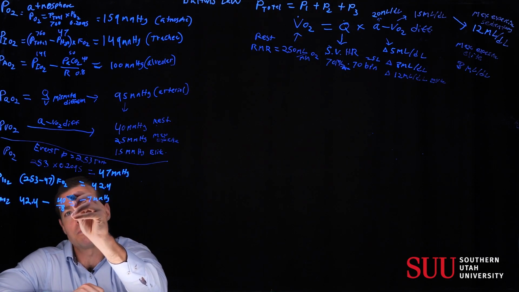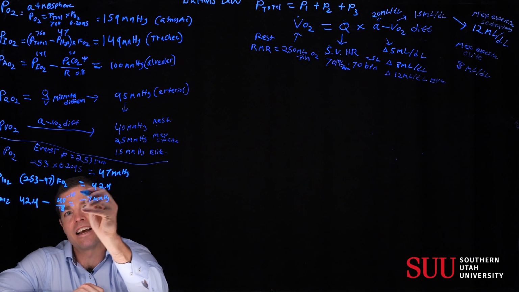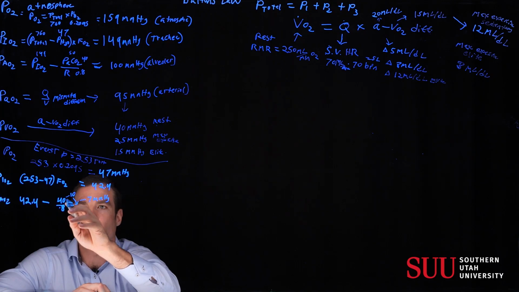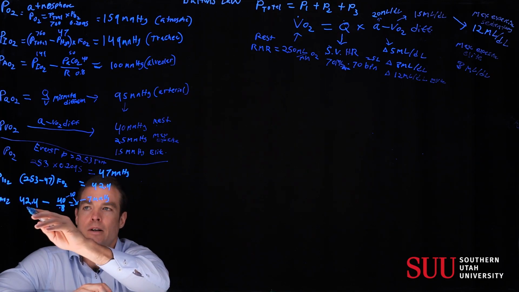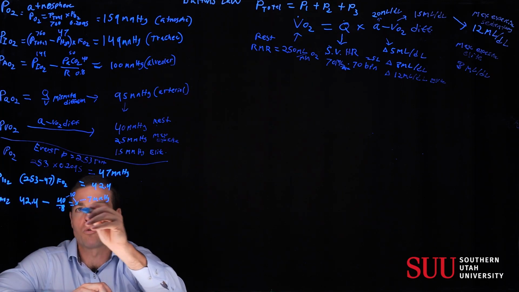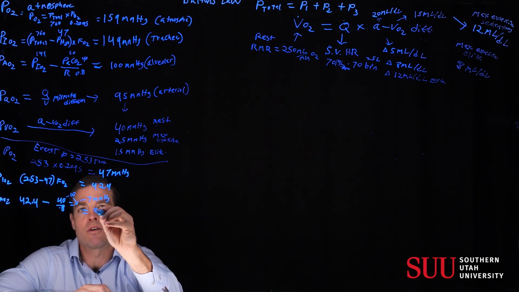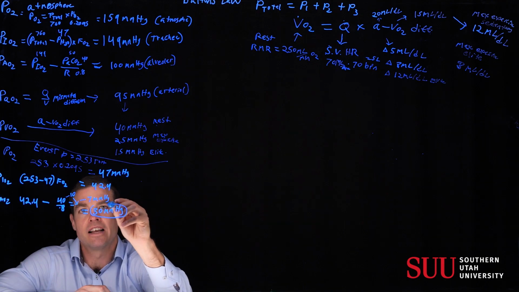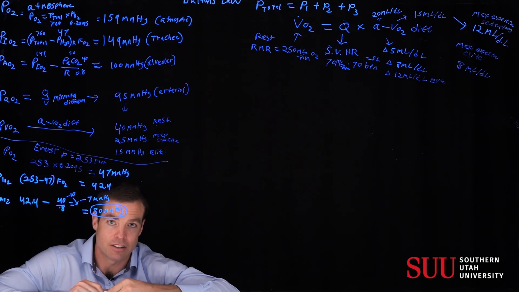And so this ends up becoming closer to around 10, all right? So as this becomes 10, now you go 10 divided by 0.8 minus 42.4, whatever. Anyways, you end up getting a partial pressure of around 30 millimeters of mercury, okay?